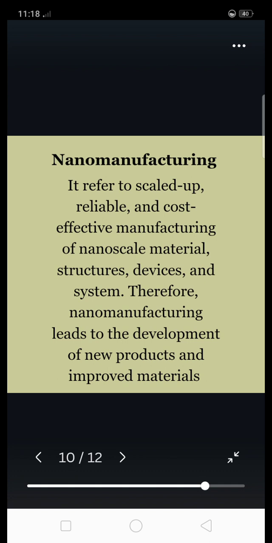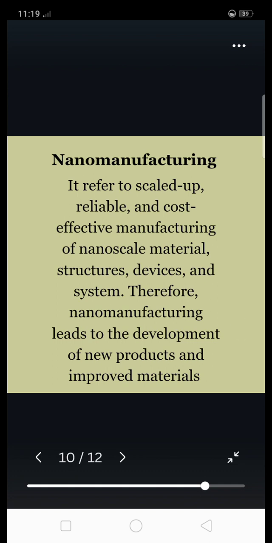It also involves research, improvement, and incorporation of processes for the construction of materials. Therefore, nanomanufacturing leads to the development of new products and improved materials. There are two fundamental approaches to nanomanufacturing, either bottom up or top down.